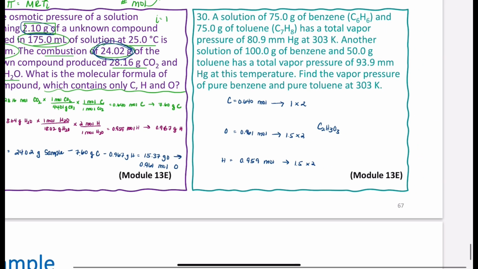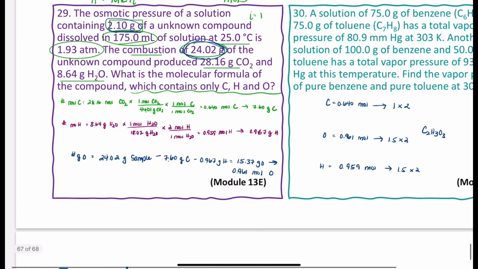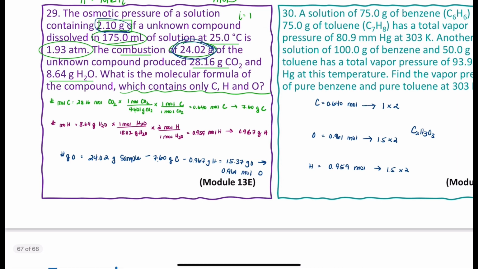Now, this question, though, tells me that, hold on. What's the molecular formula? It's missing something. I forgot to put the last piece of the question on here, I guess.